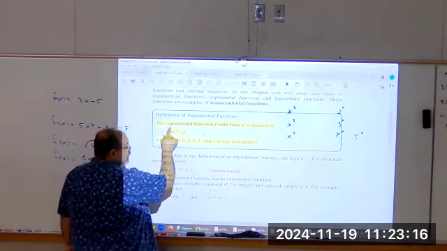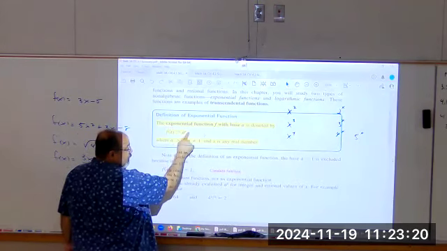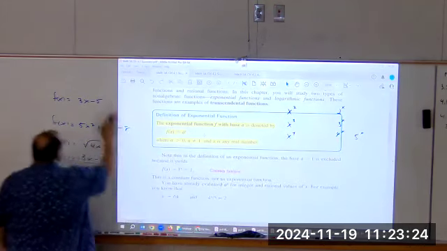It's an exponential function when it looks like this: f of x equals a to the x power.